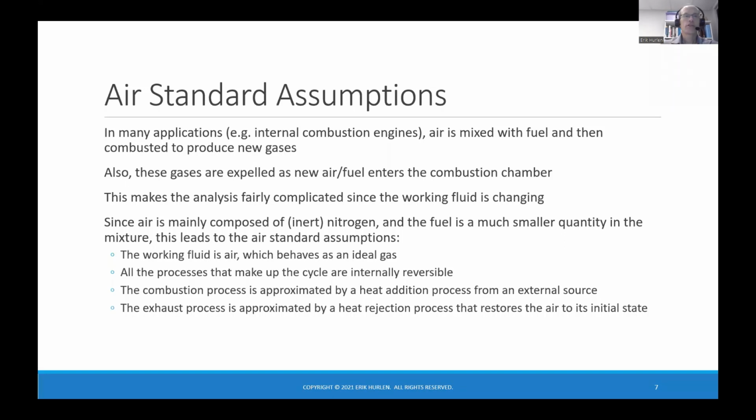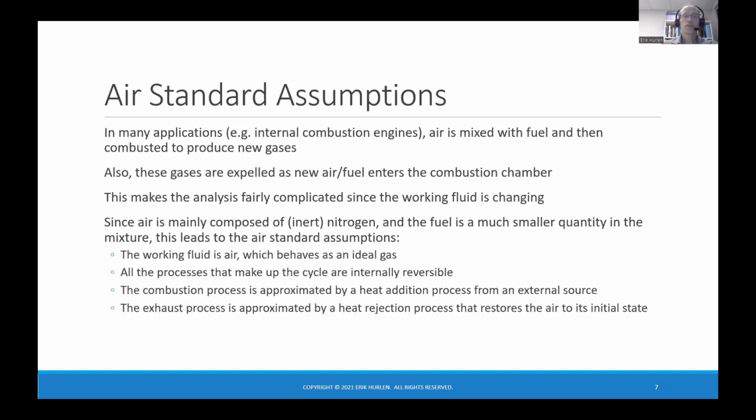Many power generation devices use combustion to create the power. In most of these cases, air is mixed with the fuel before combustion, as oxygen is essential. New gases are created in this process, mainly carbon dioxide, which then gets expelled, as new air and fuel mixture comes into the combustion chamber. In practice, this makes the analysis tough as the fluid is constantly changing during each cycle.